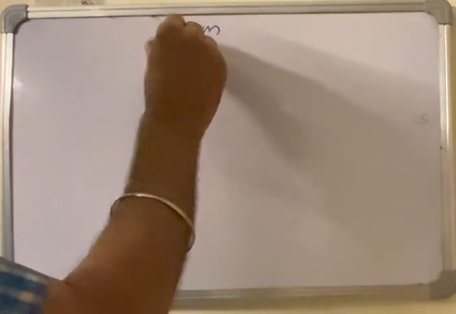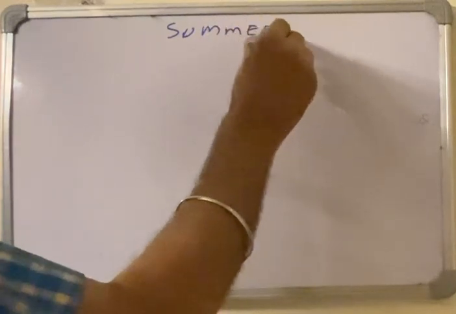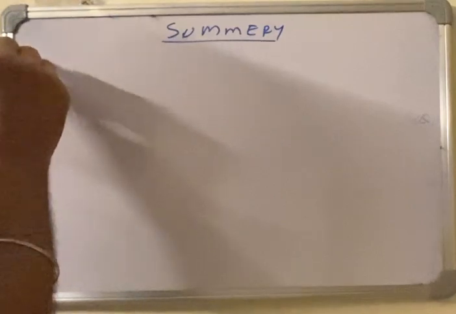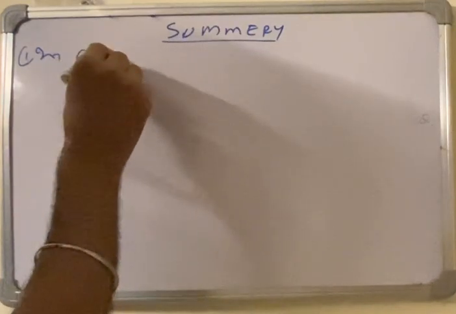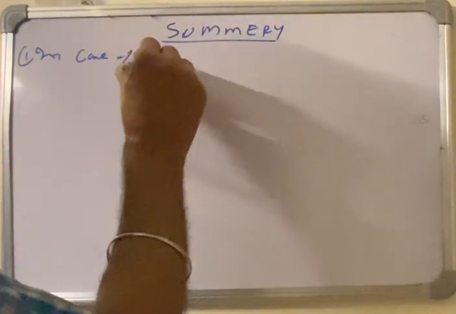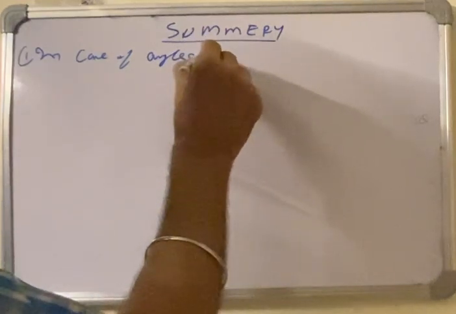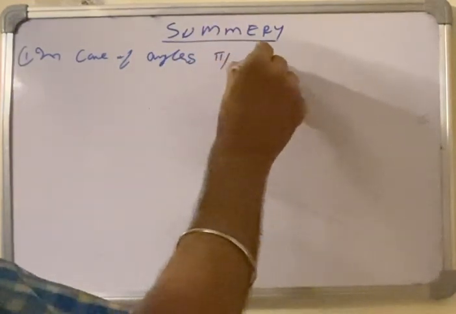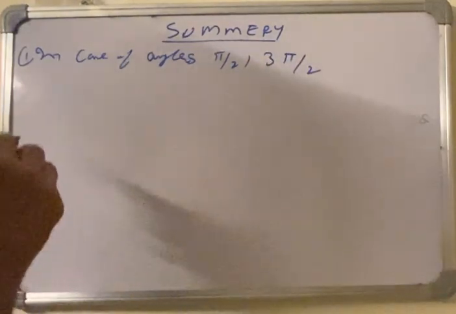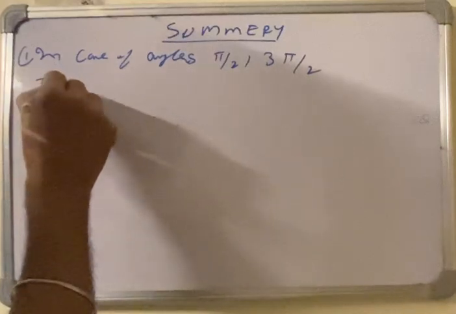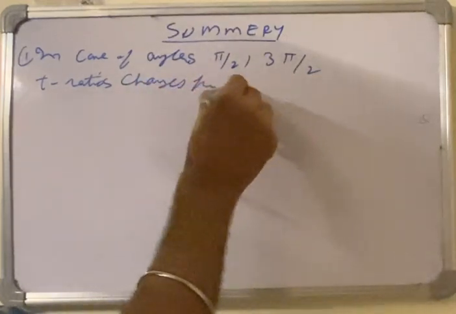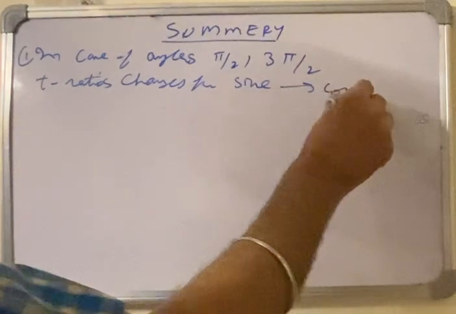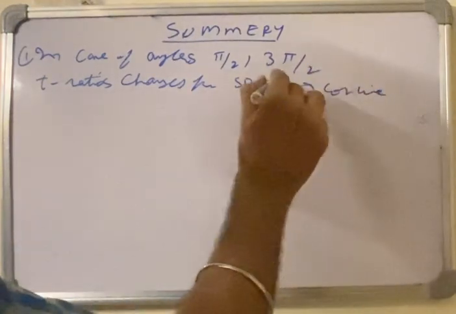In case of summary, number 1, in case of allied angles pi by 2, 3 pi by 2, trigonometric ratios change from sine to cosine, and cosine to sine.